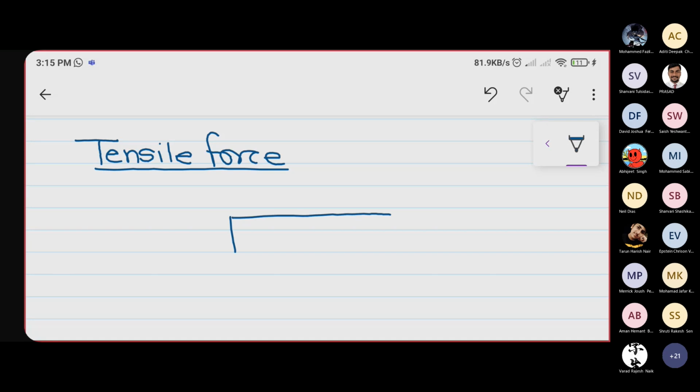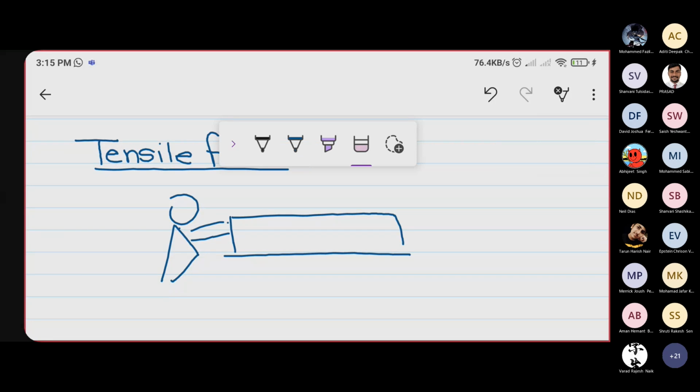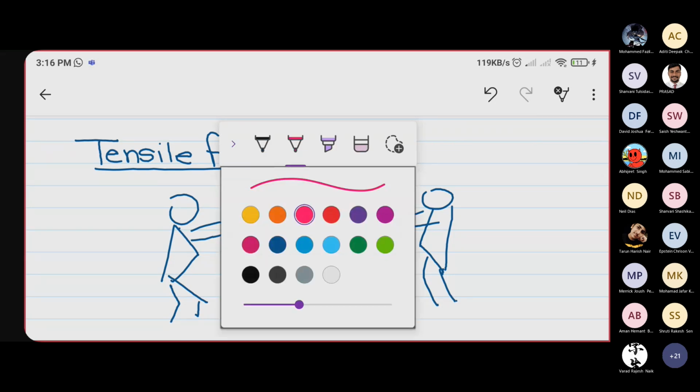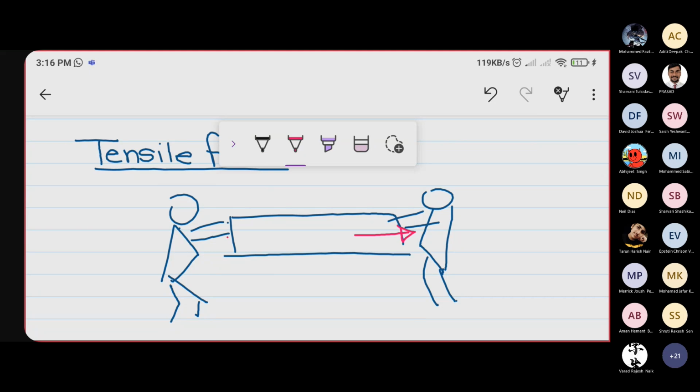Okay, so now if one rod is there, and it is pulled by two people in this direction, then this bar is under tension.